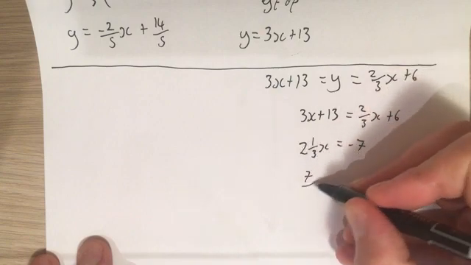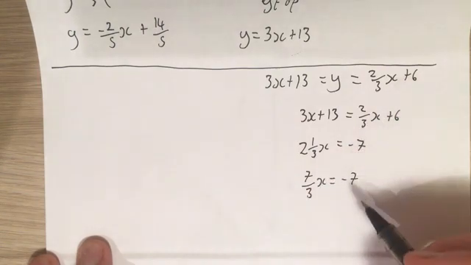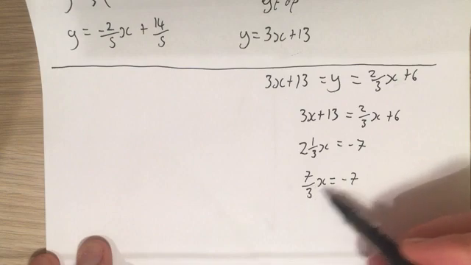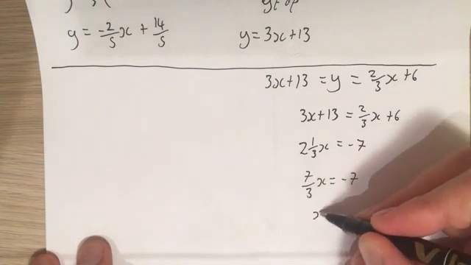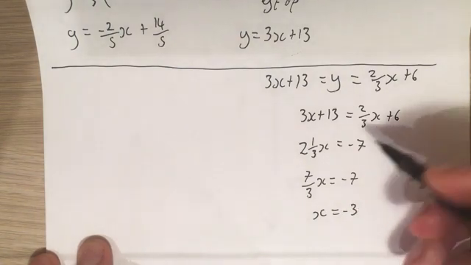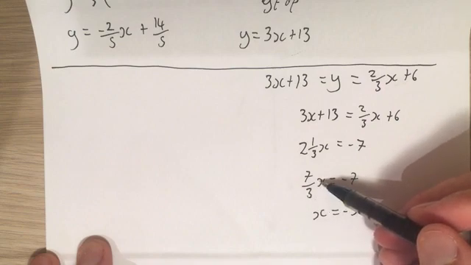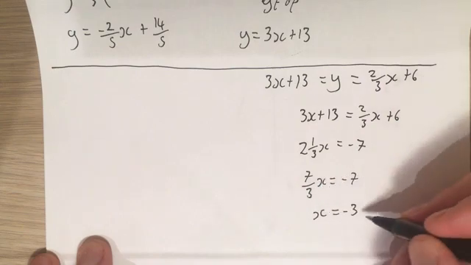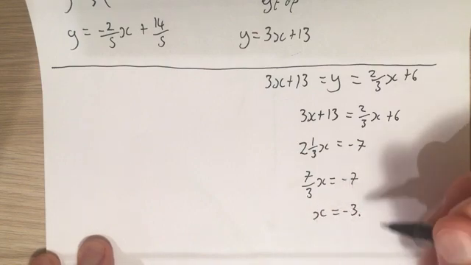So I'm going to have 7/3 x equals minus 7. So why don't I times by 3 both sides and divide by 7 both sides, and I'm going to get x equals minus 3. So 7 divided by 3 times minus 3 gives you minus 7. Right, that's the x coordinate of the place where the lines cross.